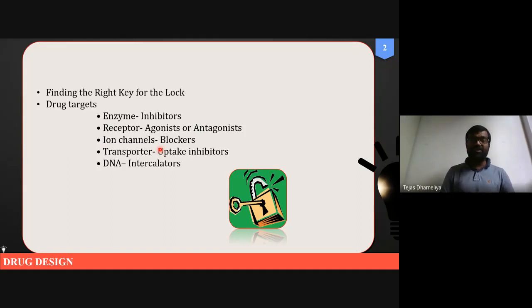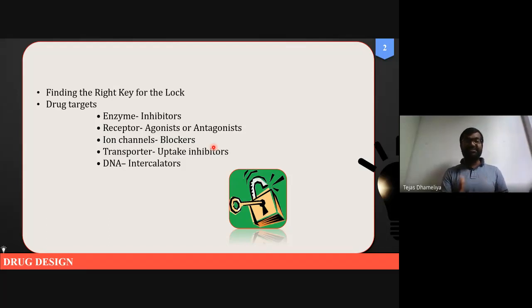It can be a blocker also, depending upon what kind of channel is there. If it is a sodium channel, then we can call it a sodium channel blocker, potassium channel blocker, and so on. It may also be a calcium channel blocker. It can be a certain kind of uptake inhibitor. We know that several kinds of uptake inhibitors are known for varieties of neurotransmitters such as noradrenaline, adrenaline, or some others.